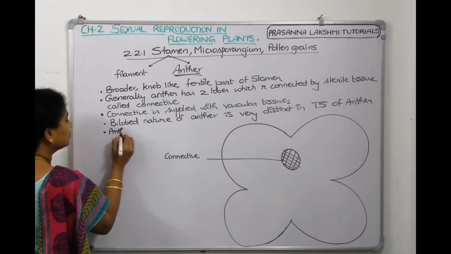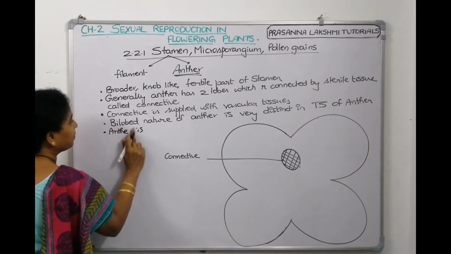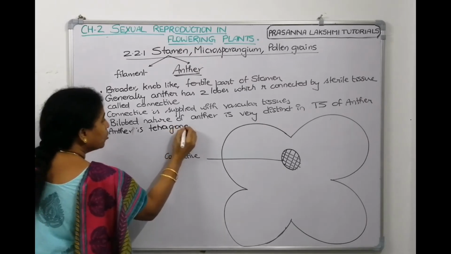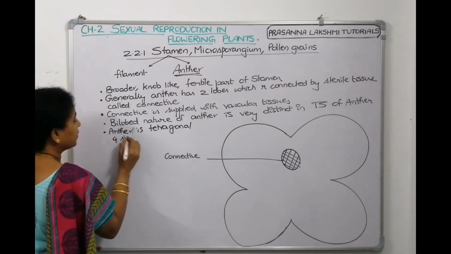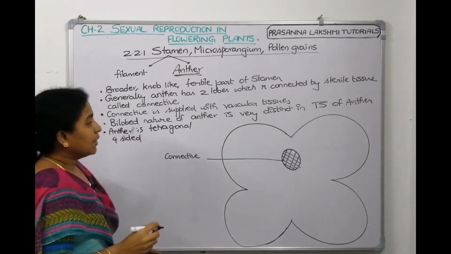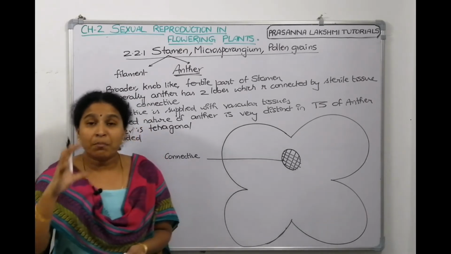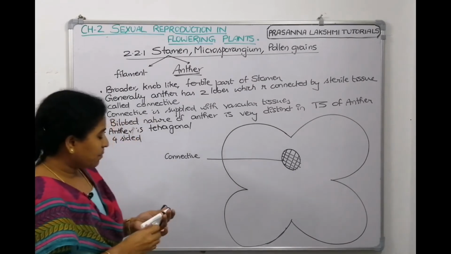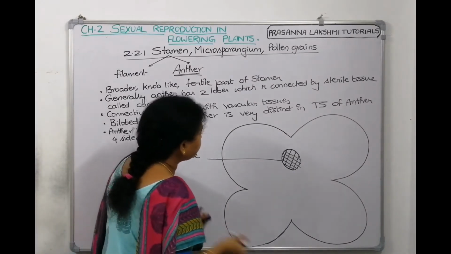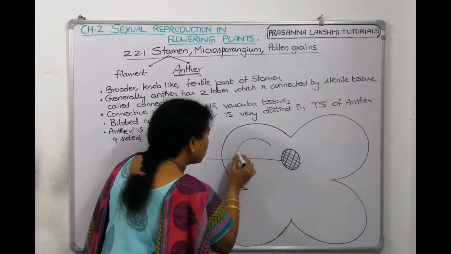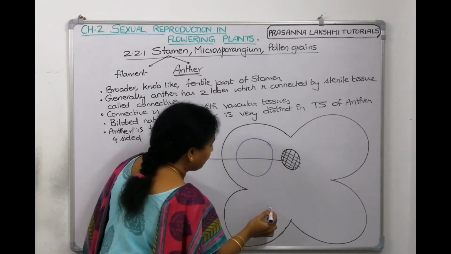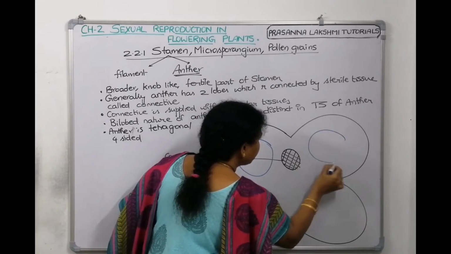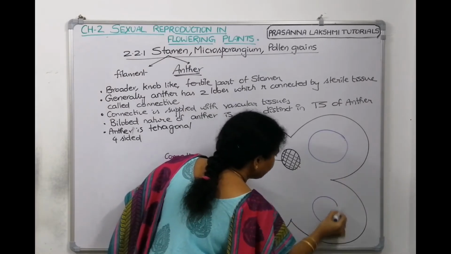Anther is tetragonal. What do you mean by tetragonal? Four-sided. Now, it is having 4 microsporangia situated at the corners. So if we have to see the microsporangia, this is one microsporangium, second, third and fourth.